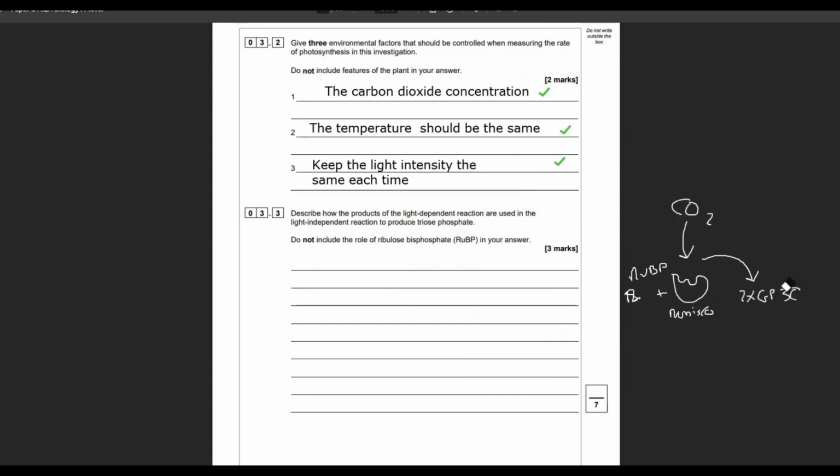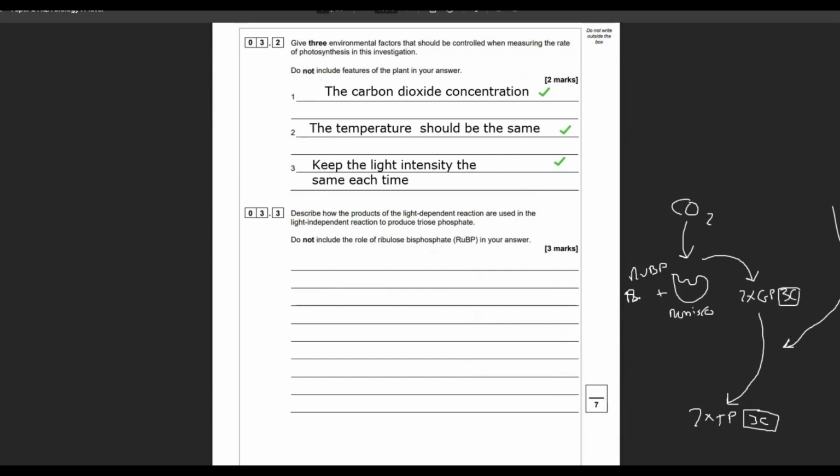So, if you know your Calvin cycle off by heart, you're going to get all the marks here. This is the bit we're talking about. What products from the light-dependent reaction are needed to turn GP into TP? So this is the bit we're focusing on. They go from glycerate 3-phosphate to 2 triose phosphate molecules. And what we need from the light-dependent reaction comes from our thylakoid membrane.